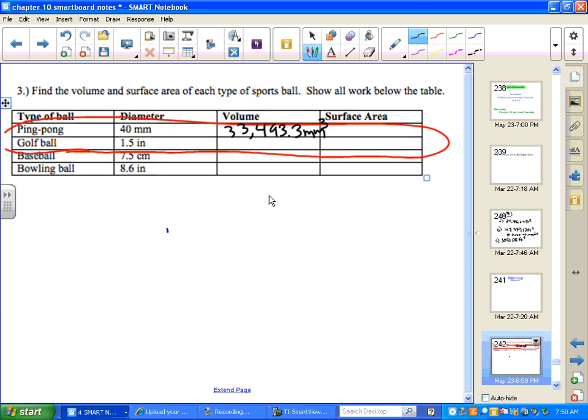Surface area, Briar? Good job. Oh, not good job, sorry. Briar, you and me are on the same page today, apparently, right? Squared. Hey, I'm telling you good job, and that's not right. Sorry, surface area is squared. Hey, it happens. Mary, golf ball, volume.